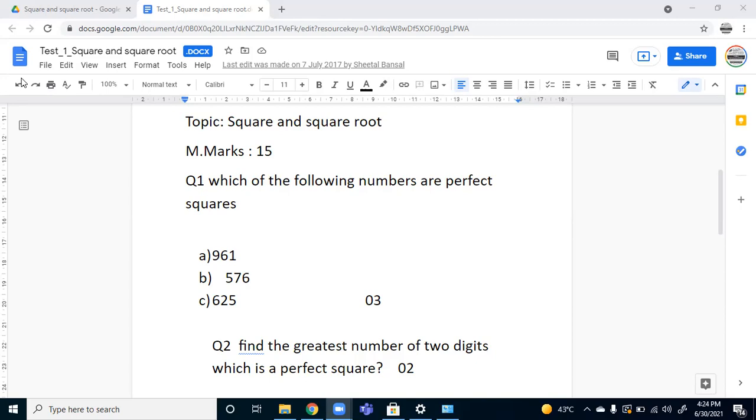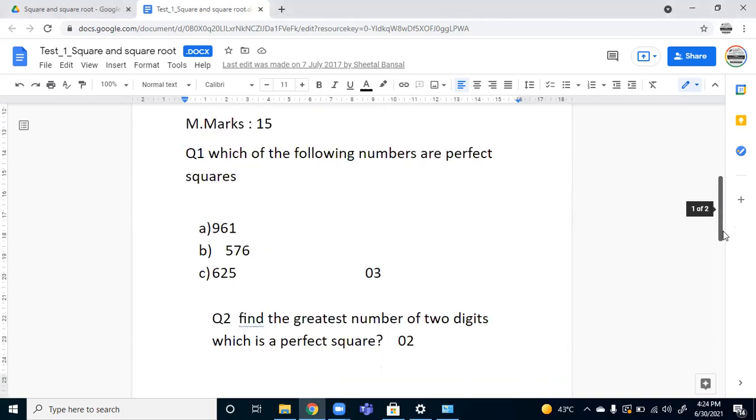Ma'am, 625 is a perfect square. What are the factors? Ma'am, the factors are 5 into 5 into 5 into 5. So you mean to say 5 four times. Yes, ma'am. So you will get two pairs of 5, which indicates that it is a perfect square.